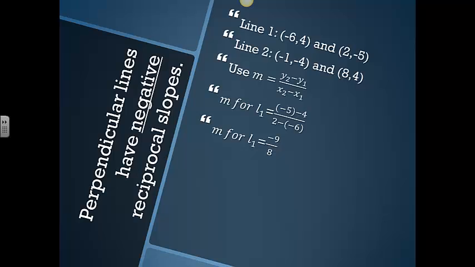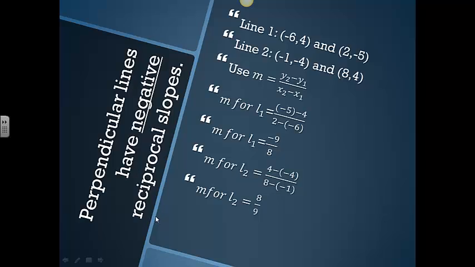So line 2's slope, I have 4 minus a negative 4 and 8 minus a negative 1. So that really is the same thing as 4 plus 4, which is 8, and 8 plus 1, which is 9. So when I look at this, I see that I have the reciprocal.